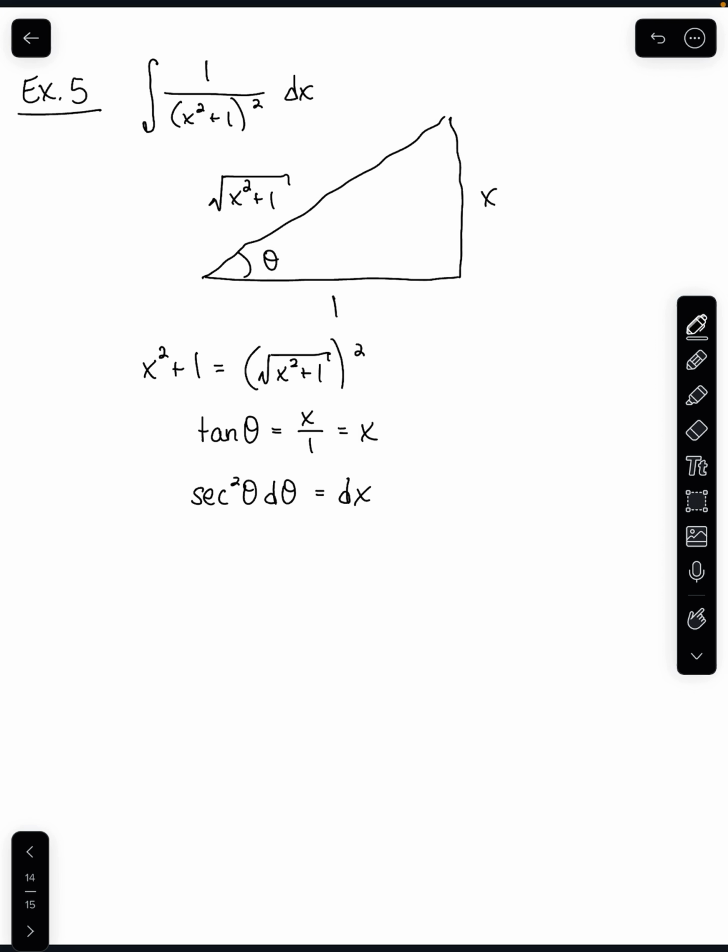And now we are prepared to do our substitutions appropriately. x is equal to tangent theta. So x squared is tangent squared theta. dx then cleanly swaps out for secant squared theta d theta.